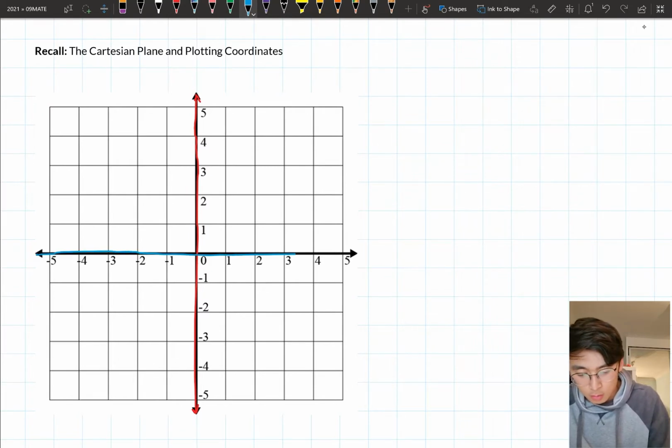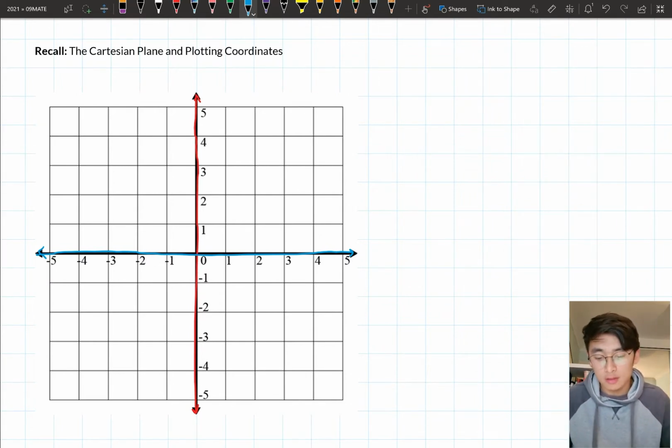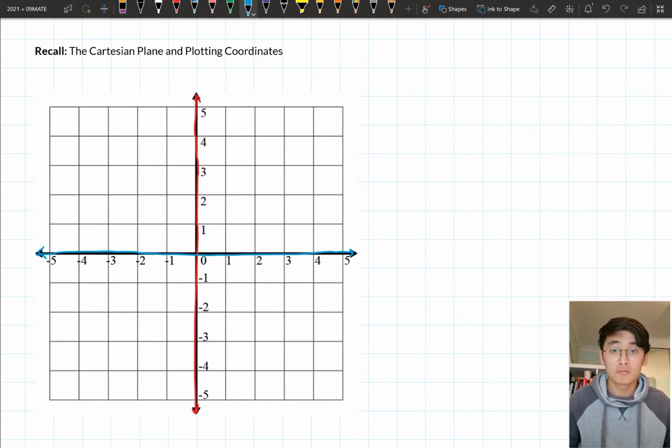And what the Cartesian plane is really useful for is it helps us to accurately describe a position on a 2D plane. So if you have a look here, I can accurately describe any position along this grid using the Cartesian plane. And if you remember from last year, these two lines I've highlighted in red and blue have a specific name.